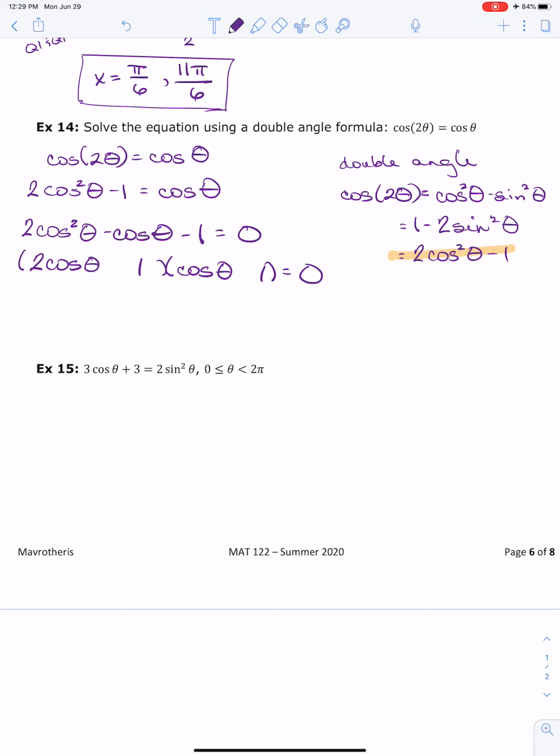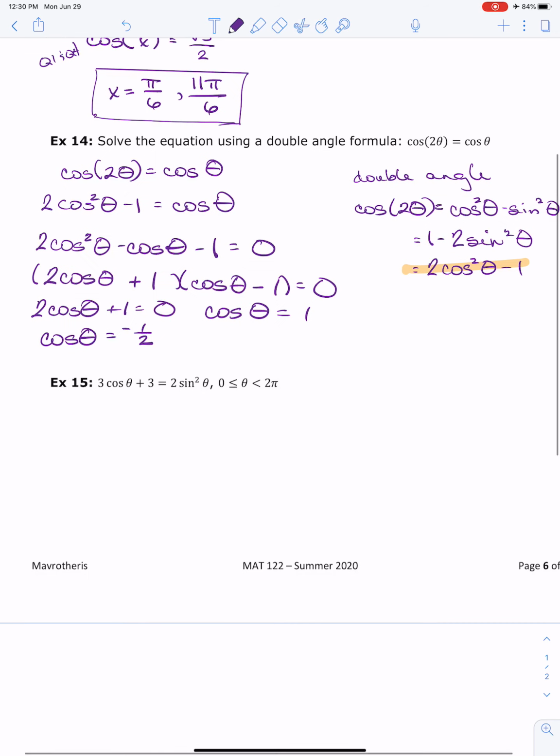I need a negative cosine theta in the middle, which means my 2 cosine theta has got to be negative. My 1 cosine theta has to be positive. I got 2 cosine theta plus 1 equals 0. So I'm looking for where cosine theta is negative 1/2. And cosine theta equals 1.